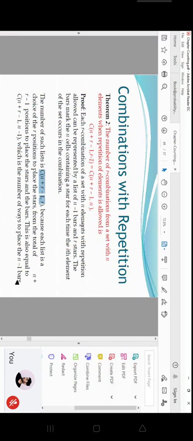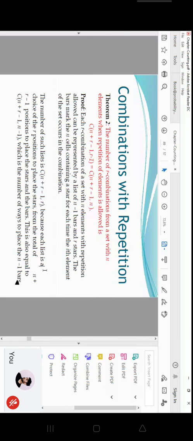If that is happening, then we can apply combinations. So the formula says N plus R minus 1 CR, but N plus R minus 1 C R minus 1 is also possible. Let's check when this kind of concept is required, that is combination with repetition, when the unordered approach is there.